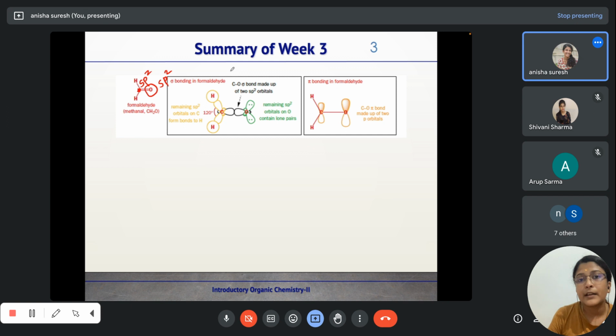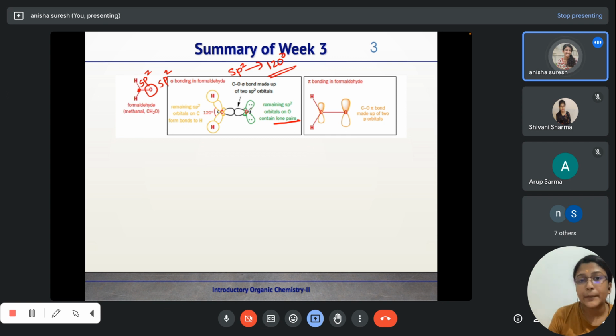For sp2 systems, the bond angle will be 120 degree typically. So this bond angle between this carbon hydrogen and the hydrogen will be 120 degree. Then the oxygen will be having remaining two sp2 hybridized orbitals. So it will be containing lone pair of electrons. Remaining sp2 orbitals on oxygen contain lone pair of electrons.